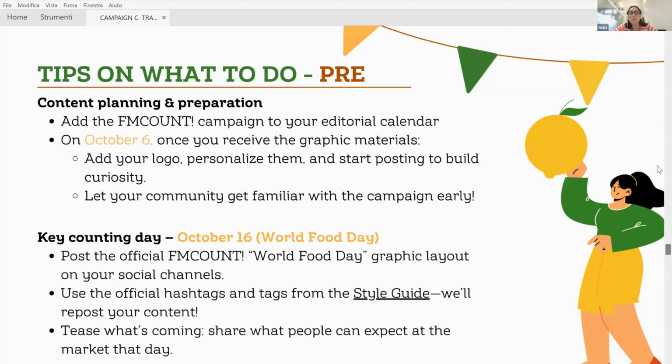Please remember to use the hashtag and the guideline that we gave you, and you can find them in the folder as file guide. When you tag us on social media, we will always repost your content. And if you want to put us in as collaborator on your post on the feeds, just send us the request.